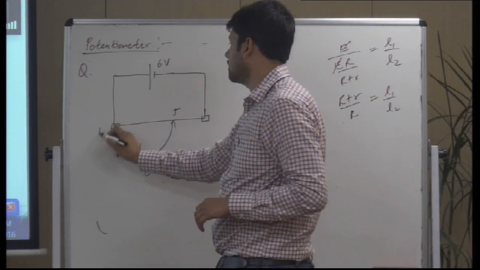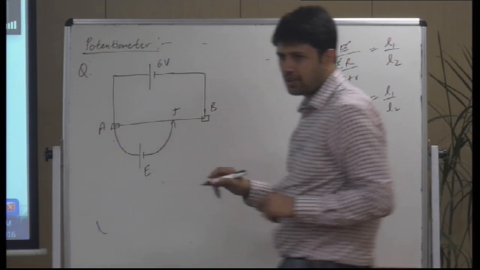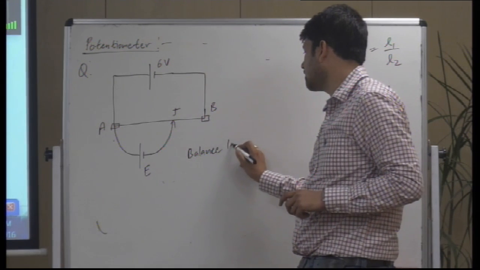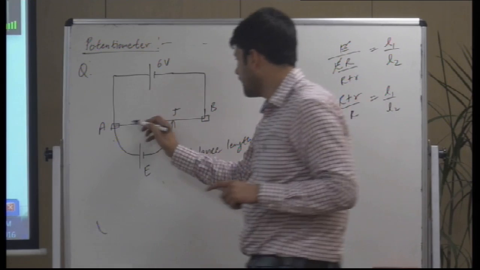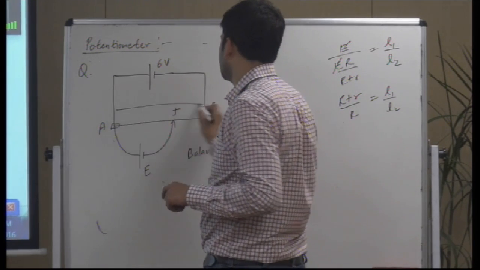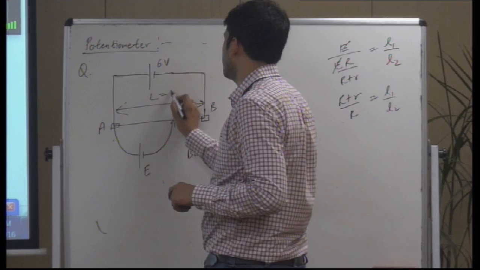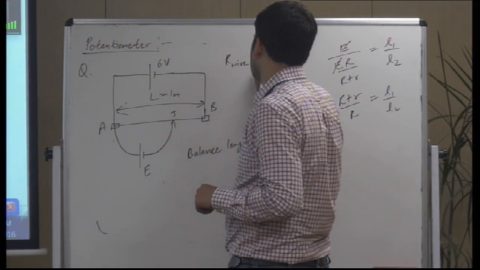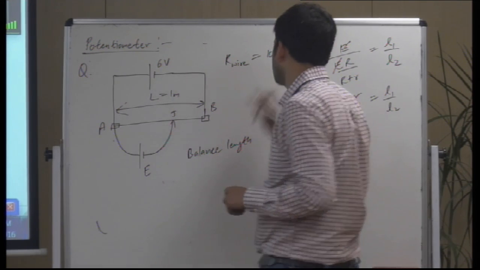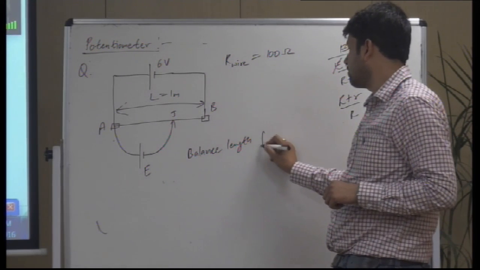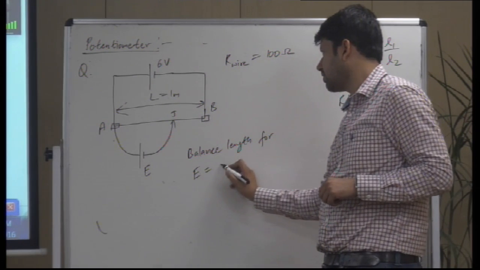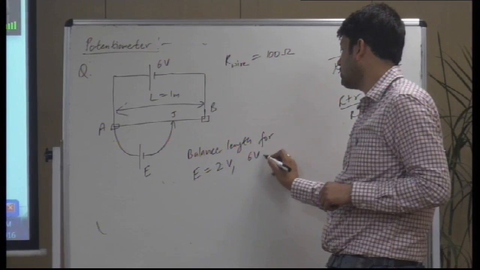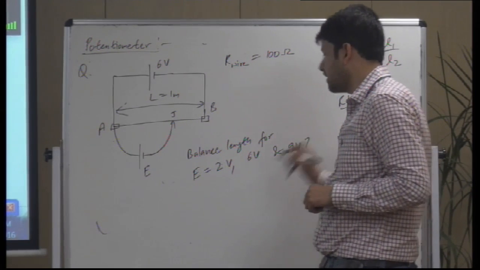This is jockey A, B. You need to find balance length. This is a very simple question. The wire has length 1 meter, and the resistance of wire you can take as 100 ohms. Find the balance length for EMF equal to 2 volt, 6 volt and 9 volt, for 3 scenarios.